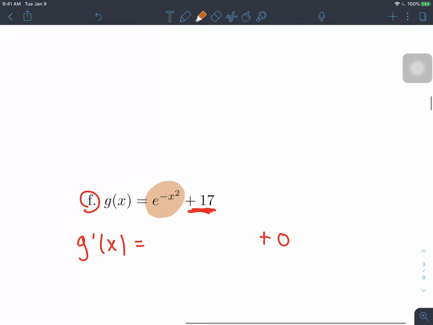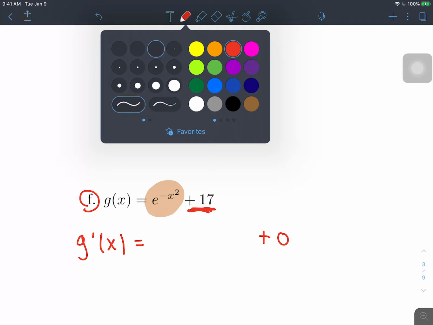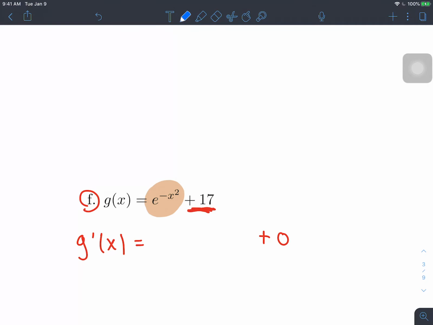to make this very clear. So my point is, I have e to the minus x squared. It is a composition of functions. I can identify that this is a composition of functions because I can see that this negative x squared function is being plugged into some other function, e to the z.